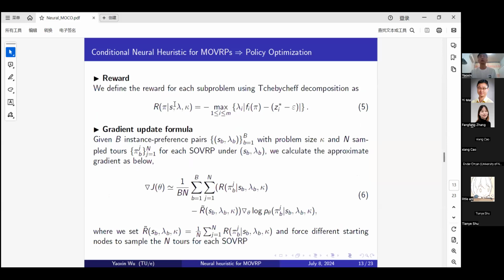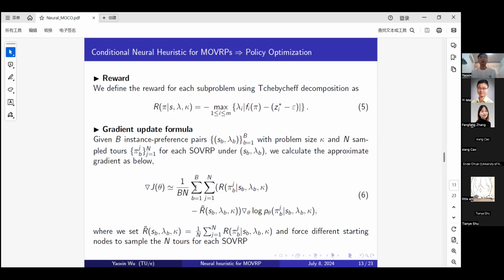And here is the reward for each single objective VRP. As I mentioned, you can use the weighted sum or Chebyshev decomposition to get the objective function for each single objective VRP, and this objective function can be used as the reward to update the neural network.